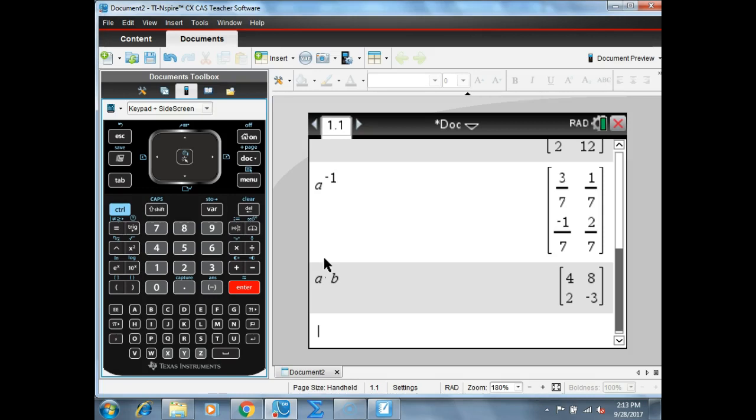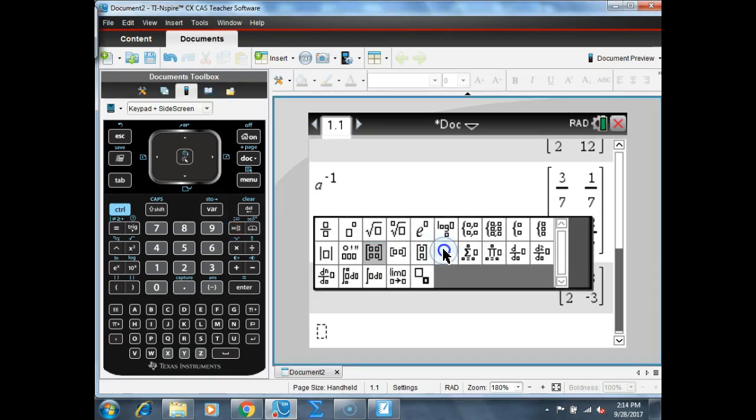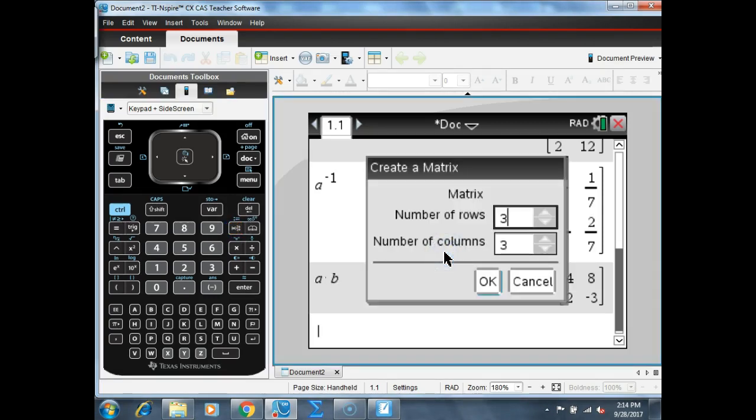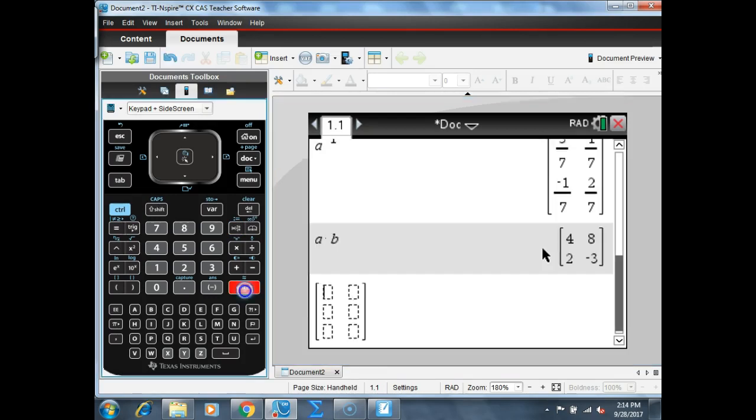Okay? Now when I add in matrix C, that one is going to be a 3 by 2 matrix. That's going to be 4, -1, 1, 2, 3, -2.